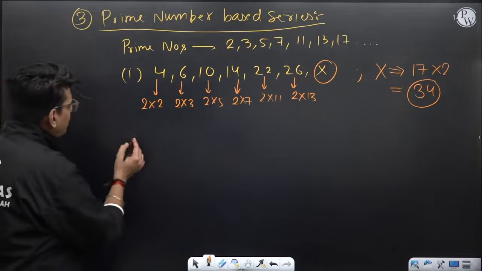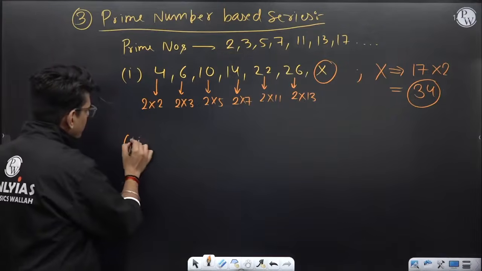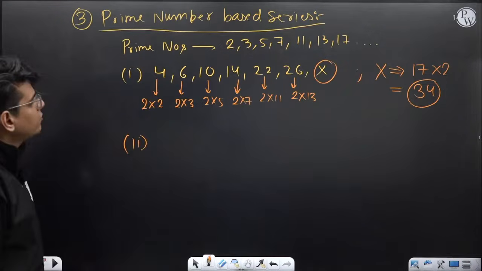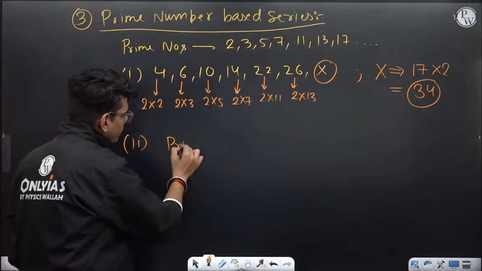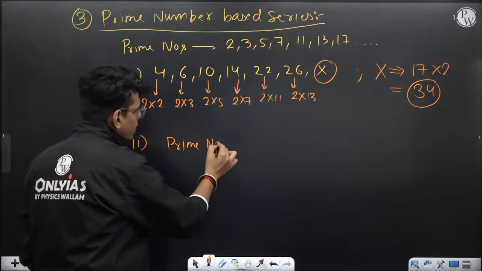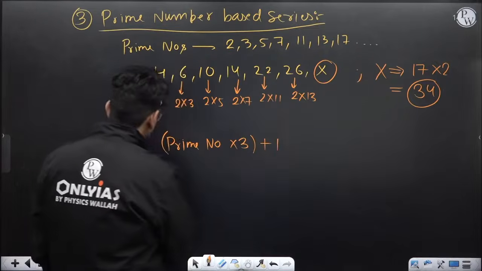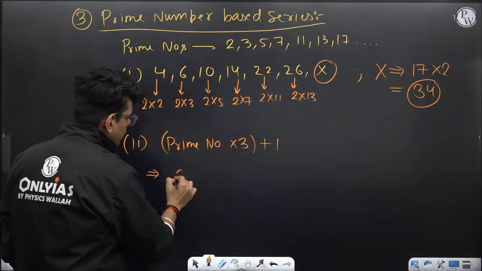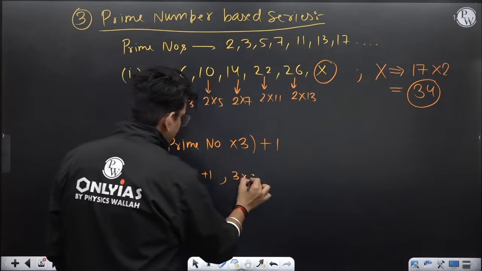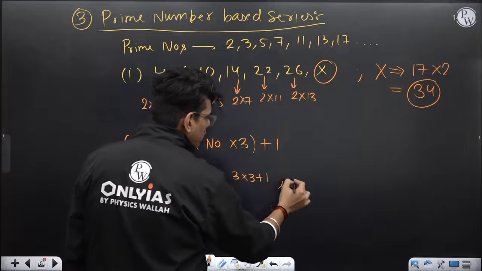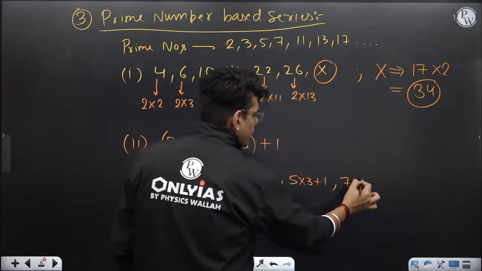Another series can be, if we take it otherwise, if we have to make a series from prime numbers, what I can do is take the prime number into 3 plus 1. This will give me a series like 2 into 3 plus 1, comma 3 into 3 plus 1, comma 5 into 3 plus 1, comma 7 into 3 plus 1.